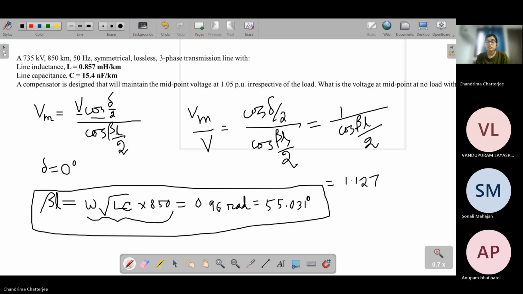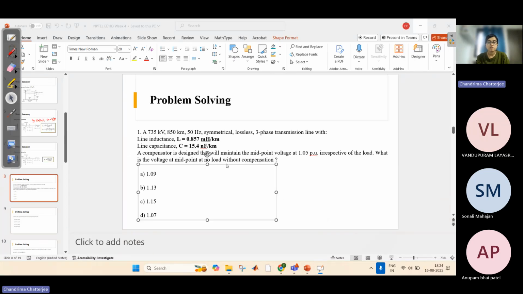I got 1.13. They are close. So option B is the correct one, right? Yes, ma'am.